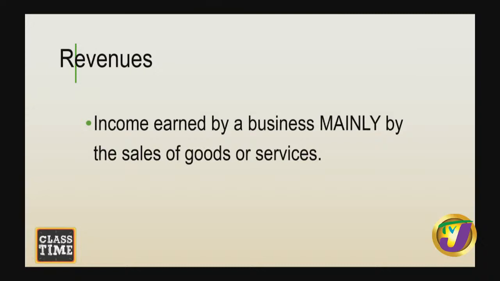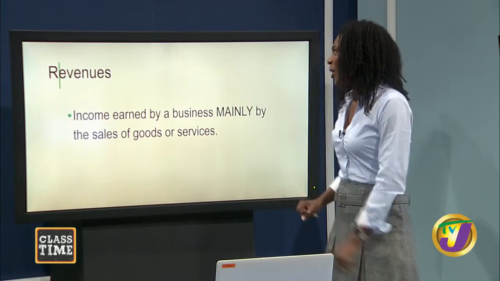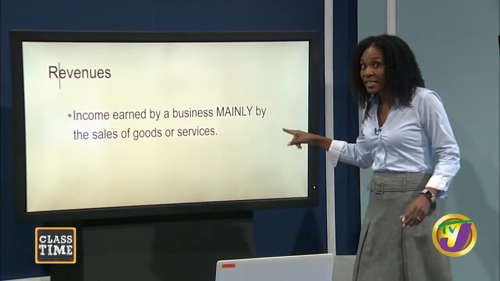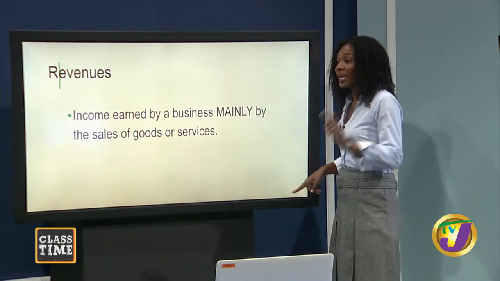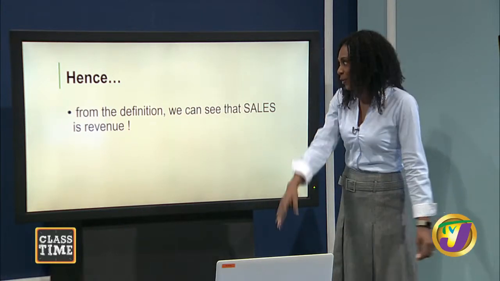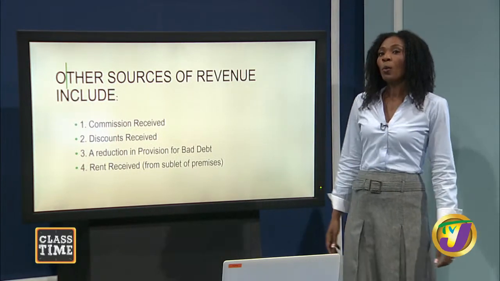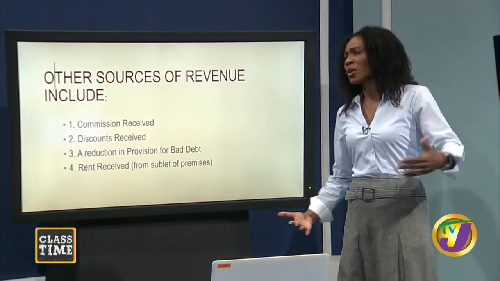Sales of goods. Refer back to last week's lesson. Give me one word for sales of goods. Sale of goods. Sales, good. So evidently, from this definition, students, you can see that what? Sales is a revenue, good. Or sales are revenues. Now, there are some other sources of revenue.